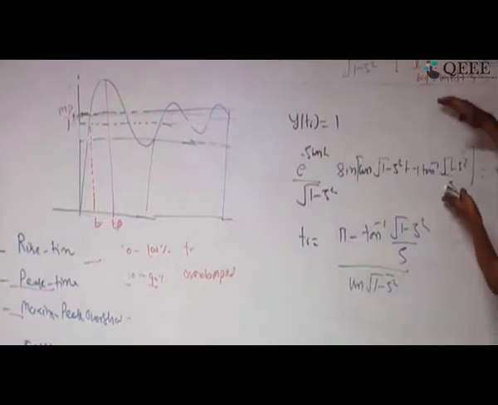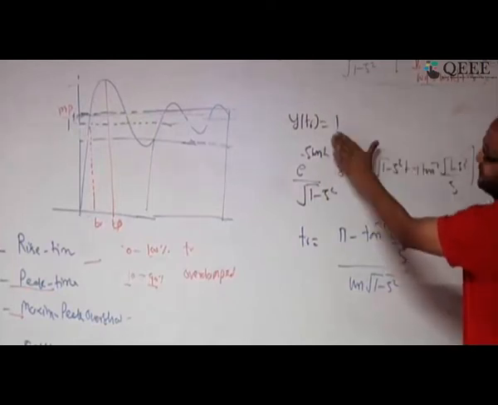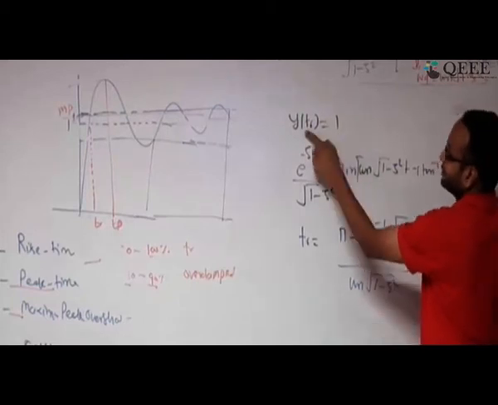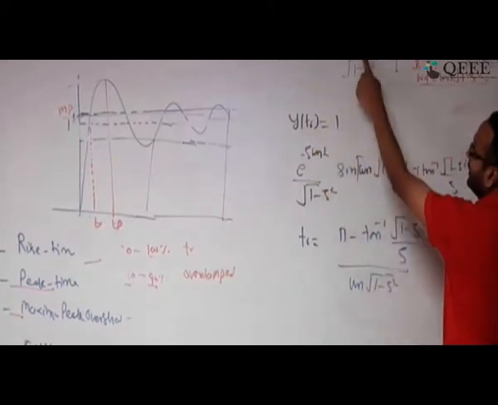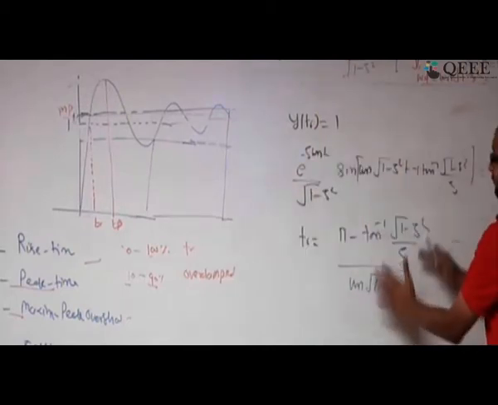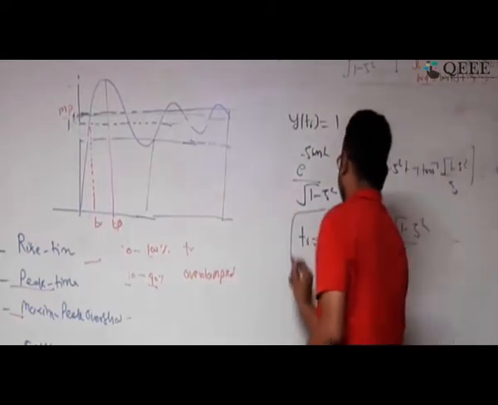I am skipping two terms here. Please note that I am not solving the entire part. This is the response, and I define the rise time as the time at which the response becomes 1 the first time. So this y(t_r) equal to 1, you plug it here. This term will be left out, it will be equal to 0, and if you solve it, this will lead to what is called your rise time.